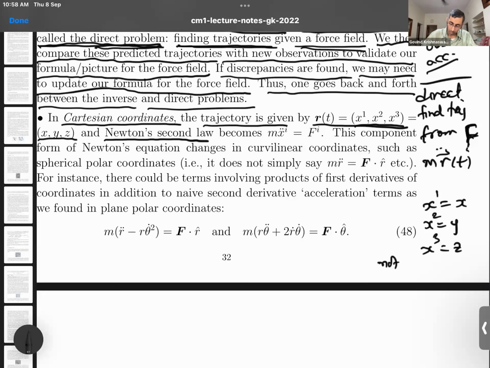They are not second and third powers. This is just a notation where the coordinate of a particle is given a superscript. You could work with subscripts. That is also absolutely fine. You can say x1 is x, and x2 is y, and x3 is z.